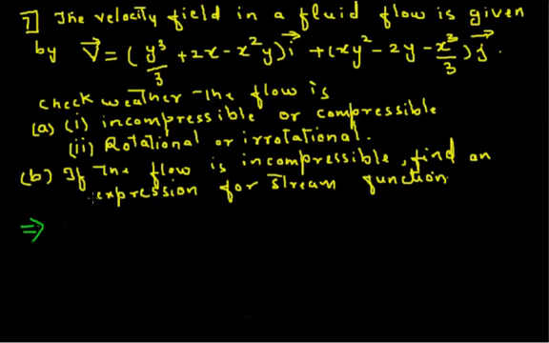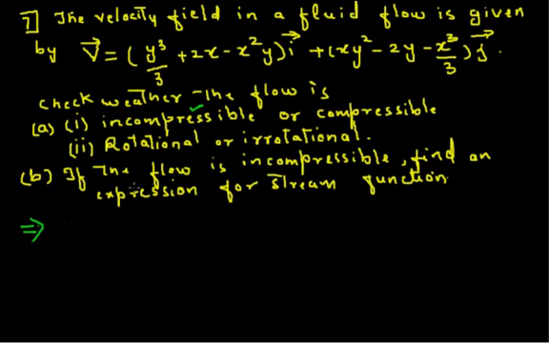Now we will try to solve the second part of the problem. Firstly, we found out that flow is incompressible. I will just tick mark here. Now we will find out whether flow is rotational or irrotational. We can find this out by finding the value of rotation.